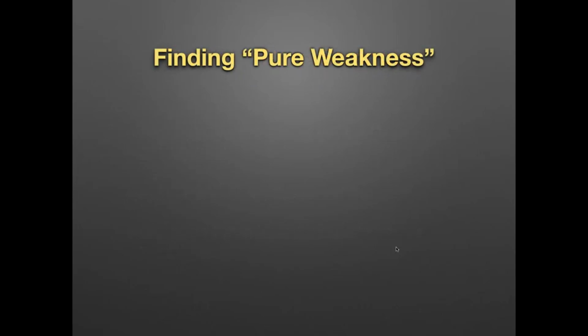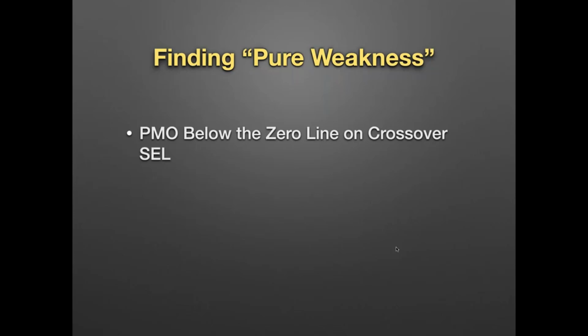So we also need to know what pure weakness is, because obviously if you're looking at a chart, you want to know if you're looking at pure weakness or not. And you want to see when it comes out of that weak period, because if it's showing pure weakness, that means it's likely very oversold.